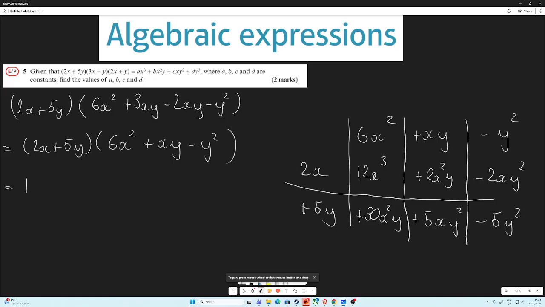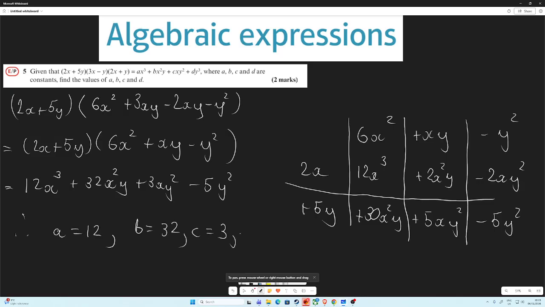So the answer is 12x cubed plus 32x squared y plus 3xy squared minus 5y squared. Therefore, we have a equals 12, b equals 32, c equals 3, and d equals -5.